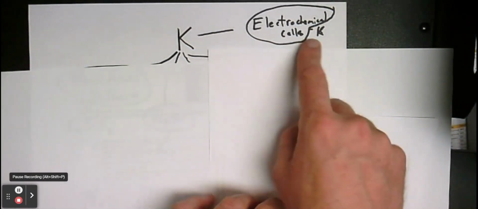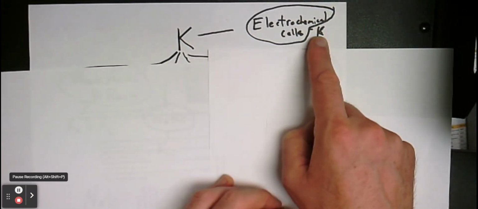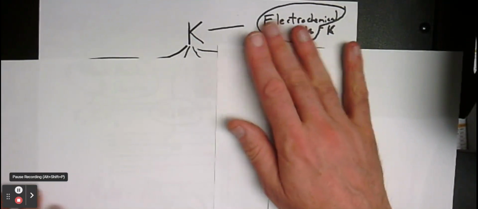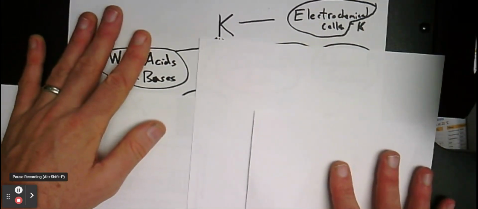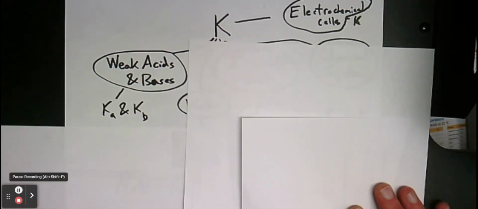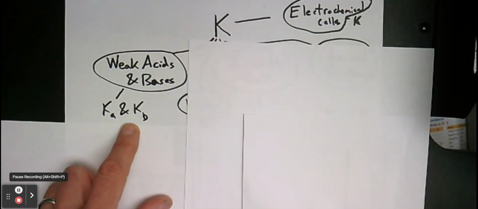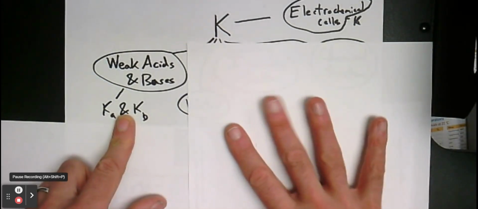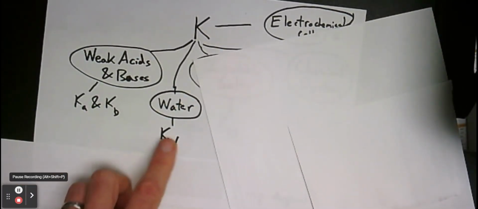There's the K in electrochemistry and electrochemical cells. It's a capital K. This is on the reference sheet. This K has to do with weak acids and bases. These are Ks, an equilibrium expression for Ka and Kb, the autoionization constants. There are Ks that have to do with water, Kw, which is also on your reference sheet.